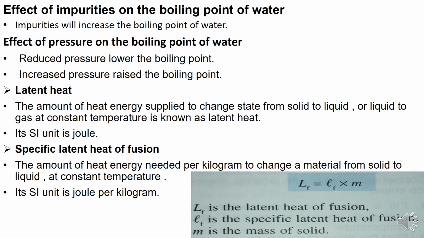This high temperature explains why food such as vegetables can be cooked very quickly in a pressure cooker. So what are the properties of boiling? We already learned the difference between boiling and evaporation. You must know that, because it is very important for IGCSE. Boiling is a quick process and it occurs at a fixed temperature. It takes place within the liquid. Bubbles are formed in the liquid and temperature remains constant during boiling.